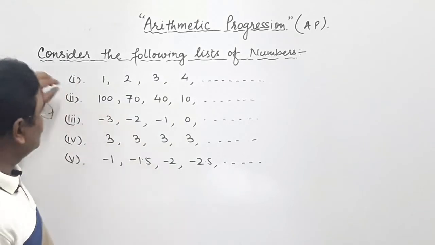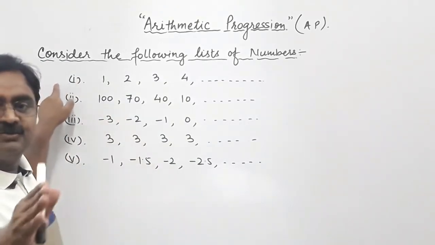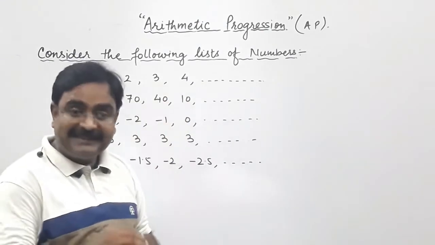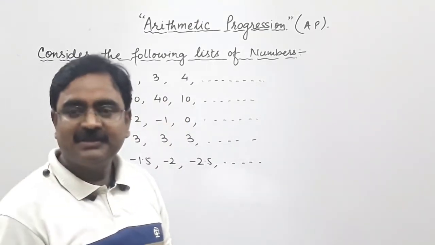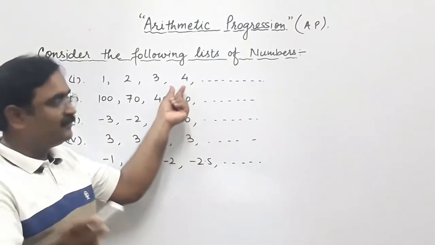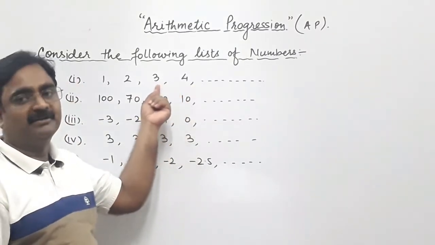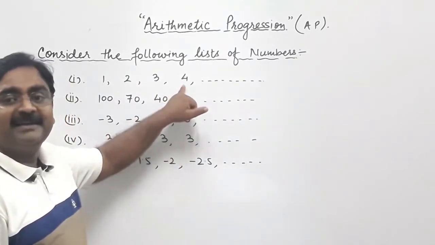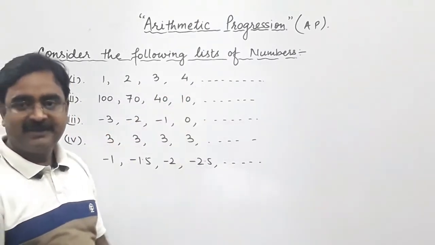So the first numbers are given as your counting numbers 1, 2, 3, 4. In these numbers, every number is plus 1 to its preceding term. हर एक next number में क्या किया गया? 1 ऐड किया गया.